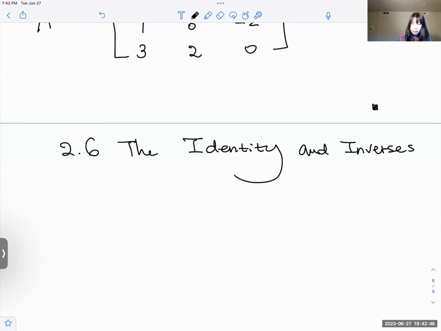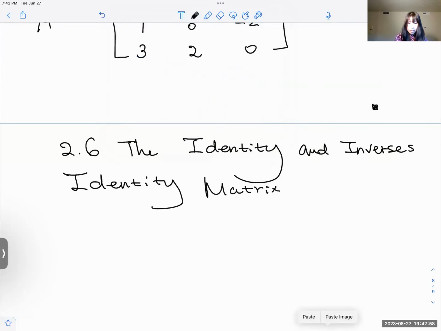We are using the first letter I as the identity matrix.